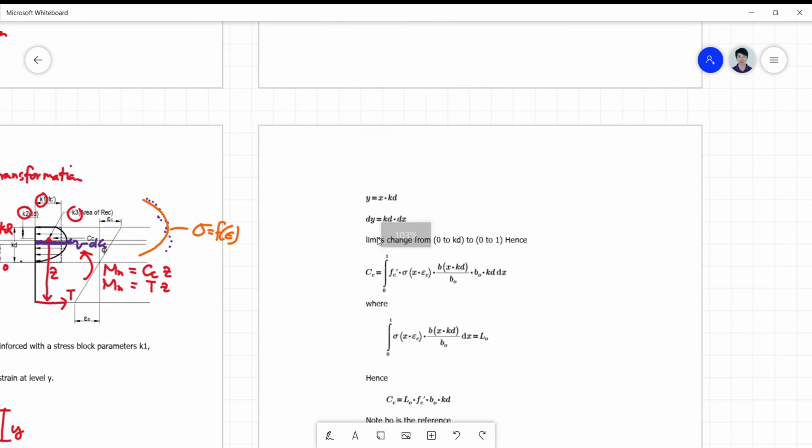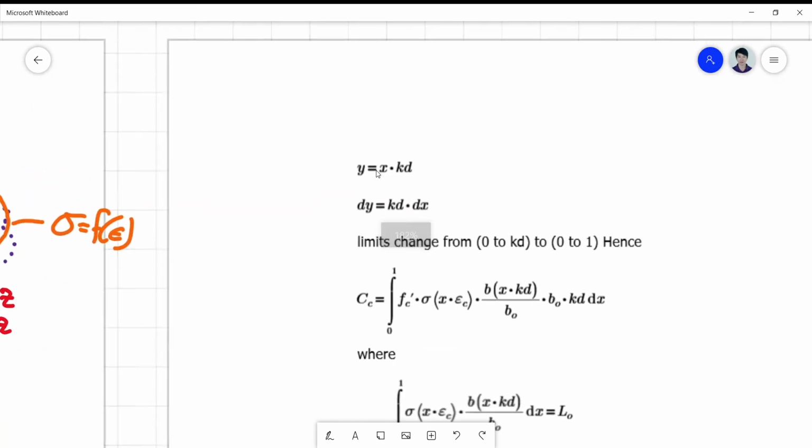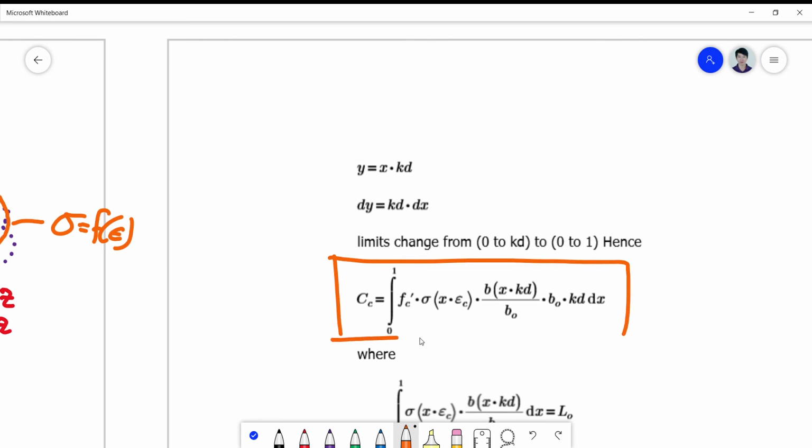And we know that in our transformation, y is simply x kd and dy is simply dx kd. And the limit changes from 0 to kd to 0 to 1. Hence, your equation for your Cc now becomes simpler in terms of natural limits, 0 to 1.